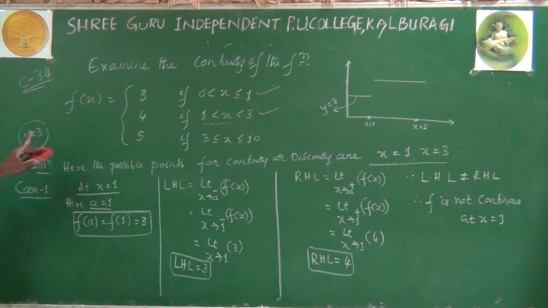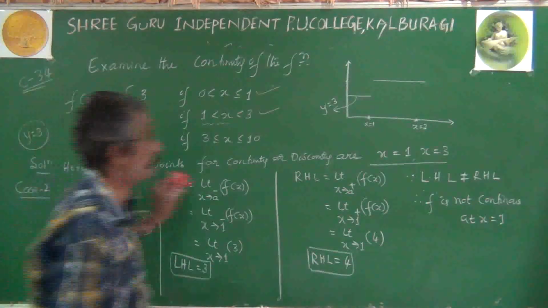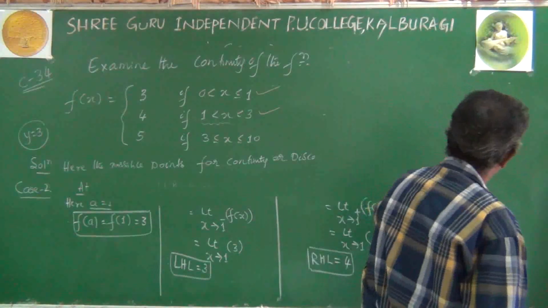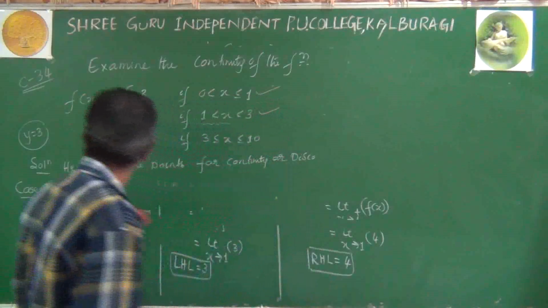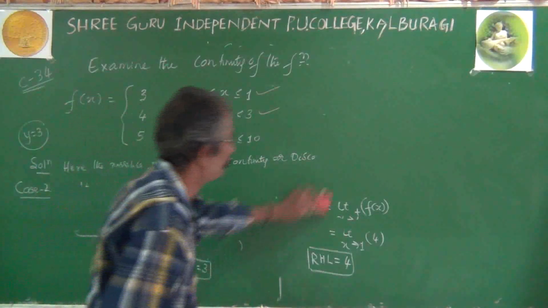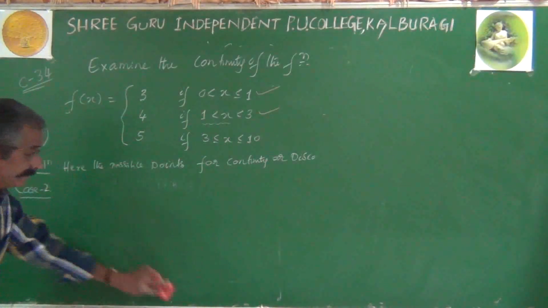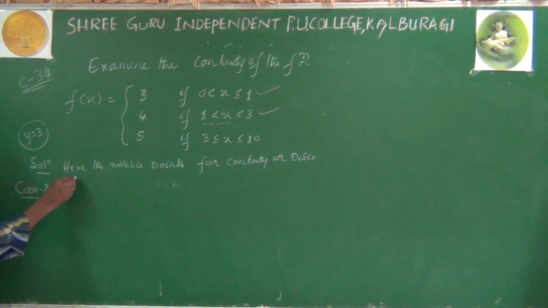Case 2. Case 1 was with x equal to 1, case 2 is with x equal to 3. Second case, at the point x equal to 3.